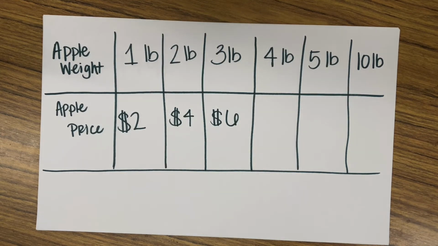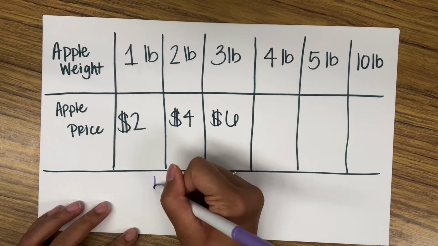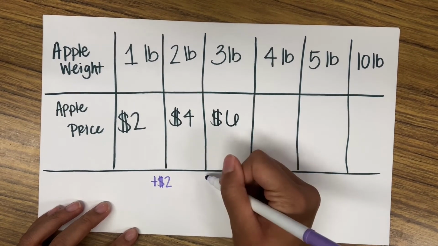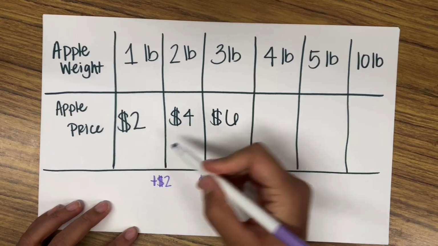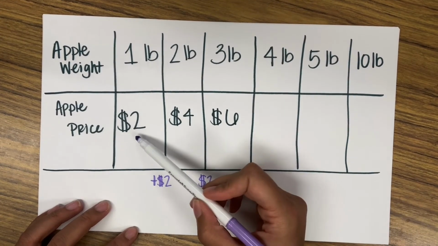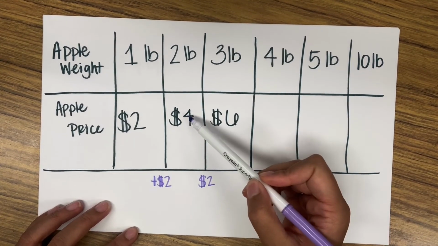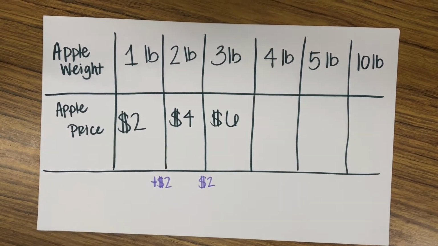For starters, if I'm just looking at the price, it is being increased by $2 each time. So I went $2, if I add another $2, $4, if I add another $2, $6.